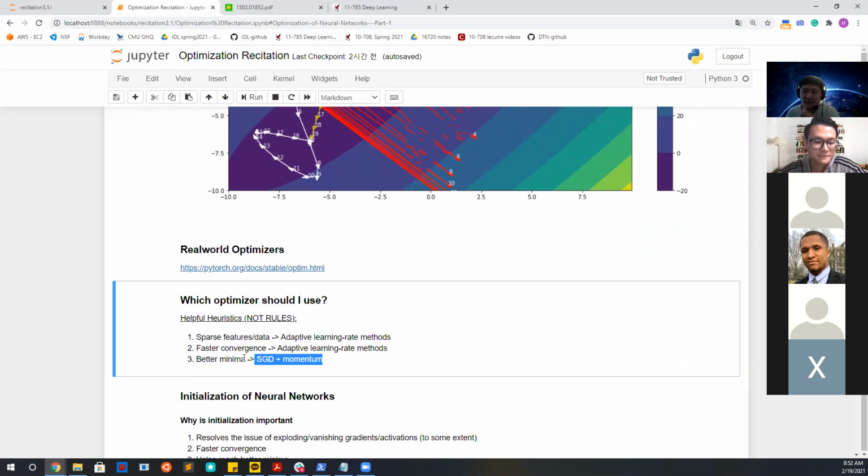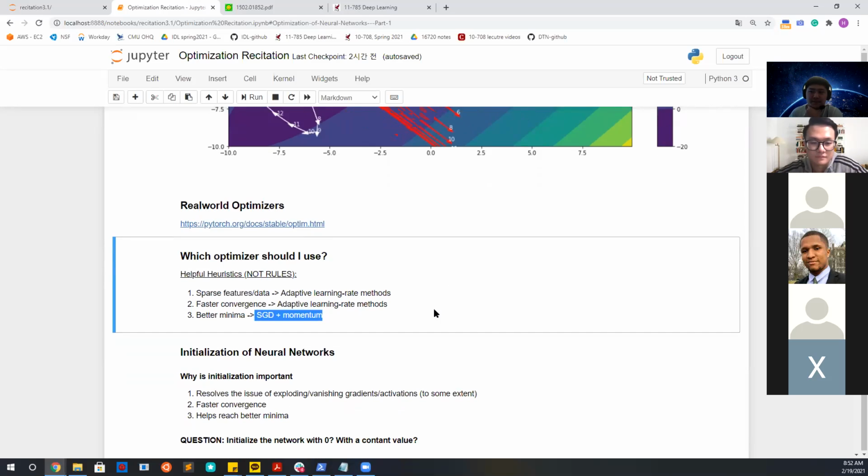But in terms of convergence and how fast you can reach near the minima, adapting the learning rate and optimization methods such as Adam usually work better. But there are some reported cases where SGD and momentum is better. And as Shantong mentioned, for computer vision tasks, people usually use stochastic gradient descent.